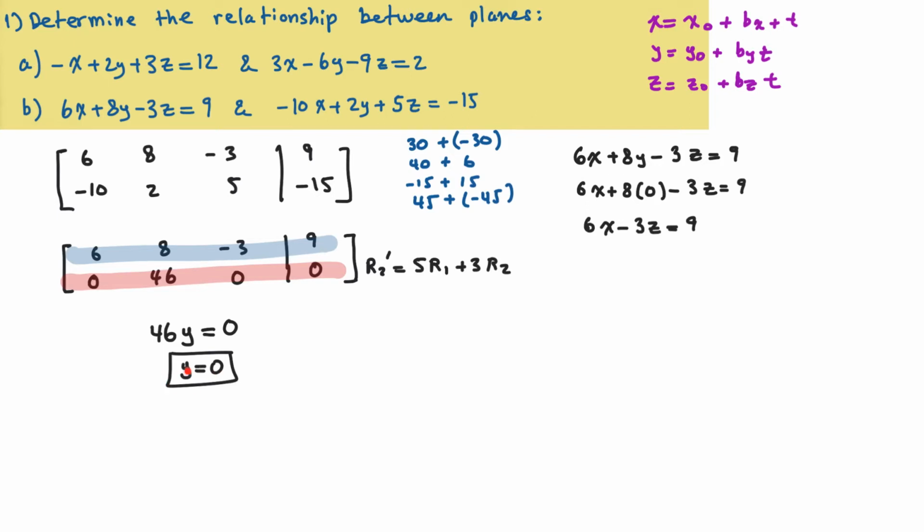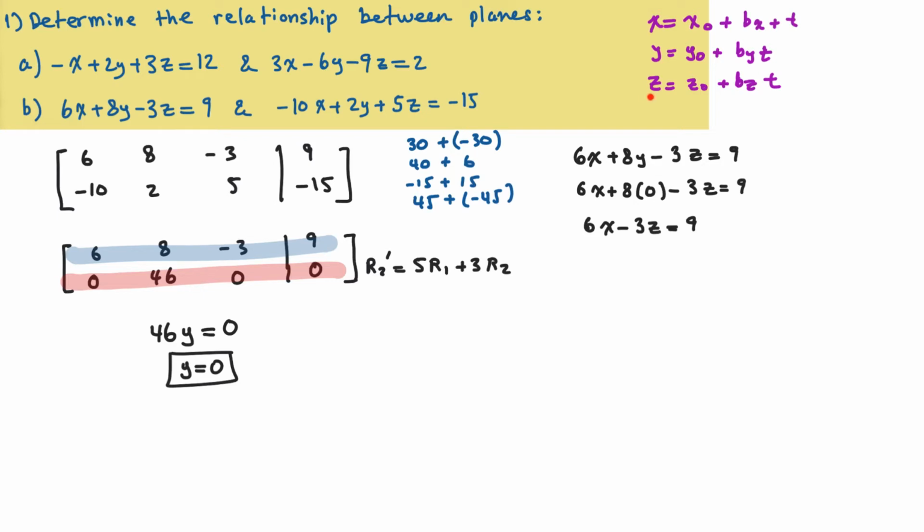So our y value here is equal to 0 plus 0 times t, meaning that the direction vector will have a y component of 0, and the original point also has a y coordinate of 0.